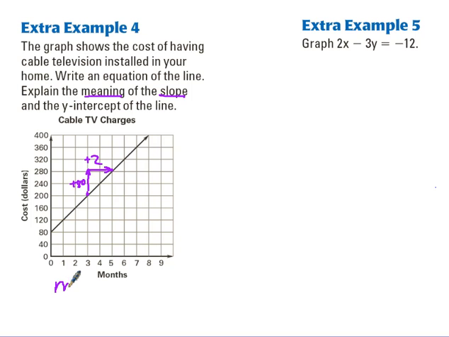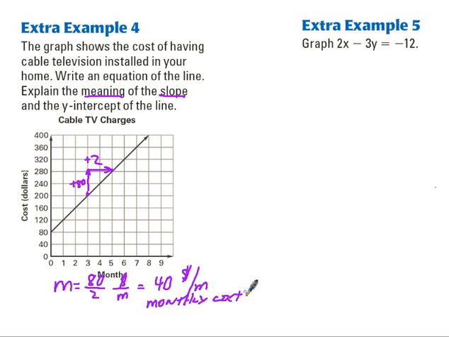So my slope is 80 over 2, and that's in dollars per month. So that will give me $40 per month. So it's the actual monthly cost. That's what the slope is, or the rate of renting, of watching TV.